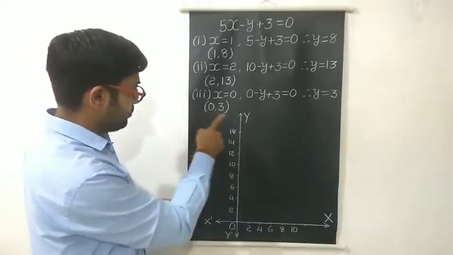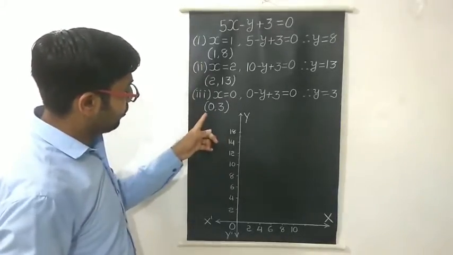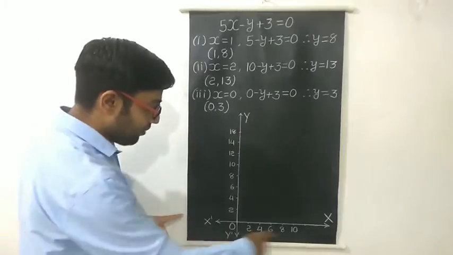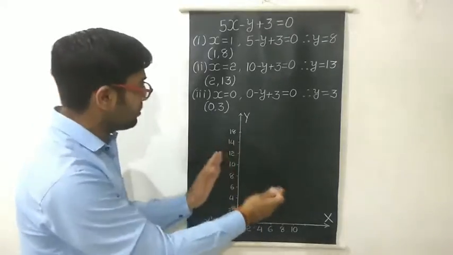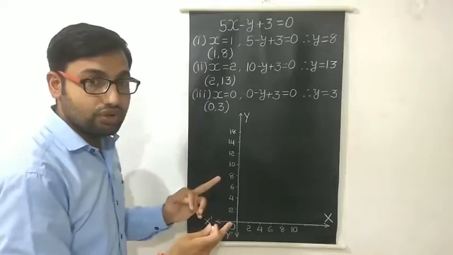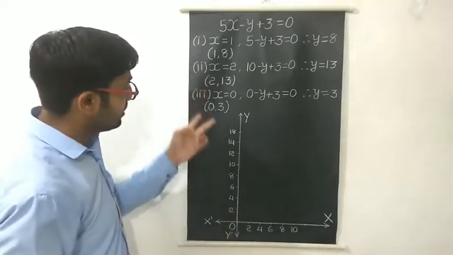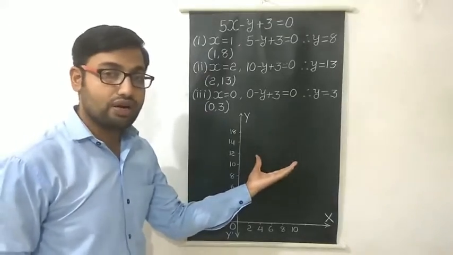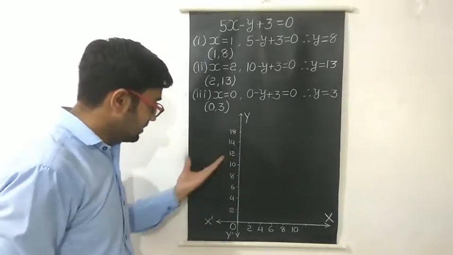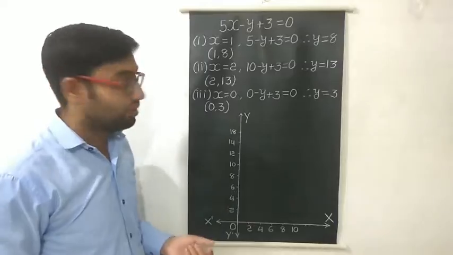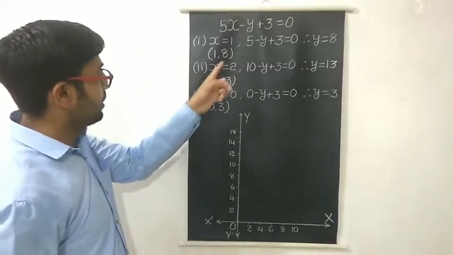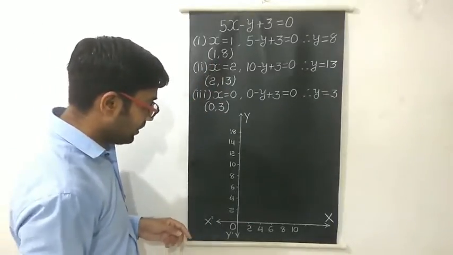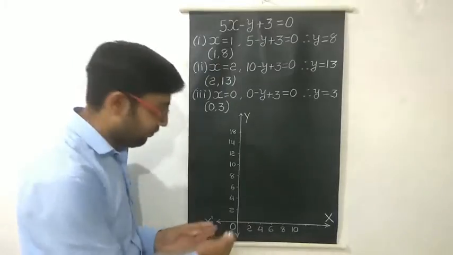So let us first of all locate this point 0, 3. Here I have drawn only the first quadrant because all these values are positive. So if both the coordinates are positive, then they must be in the first quadrant. We do not need to use the second, third and fourth quadrants. Okay. So the first value we have to locate is 1, 8. Here I have taken a scale of 2.